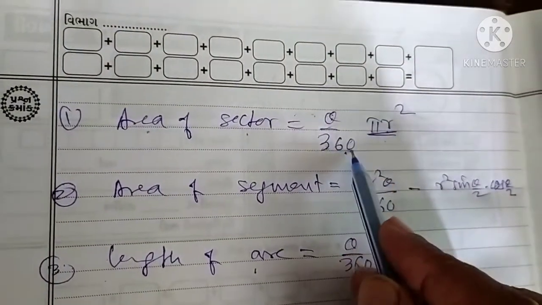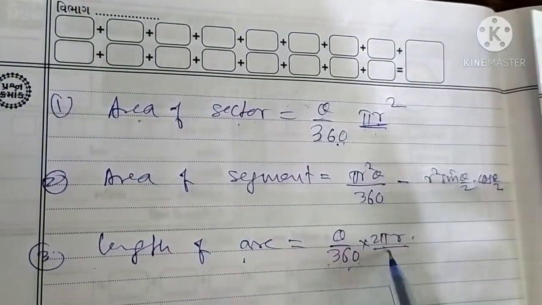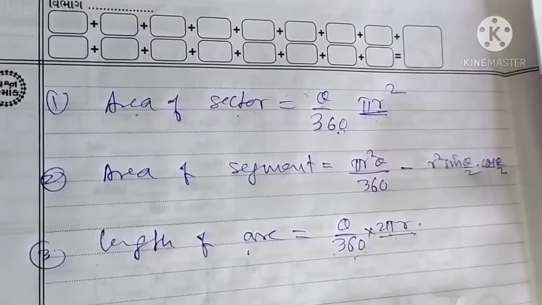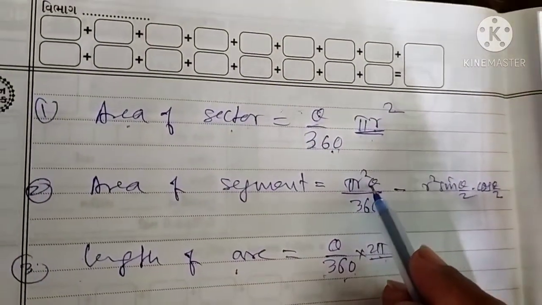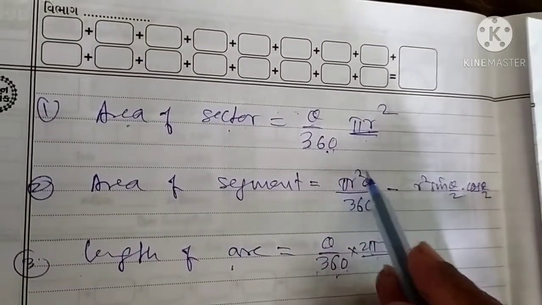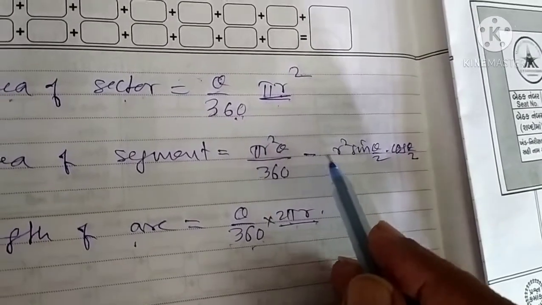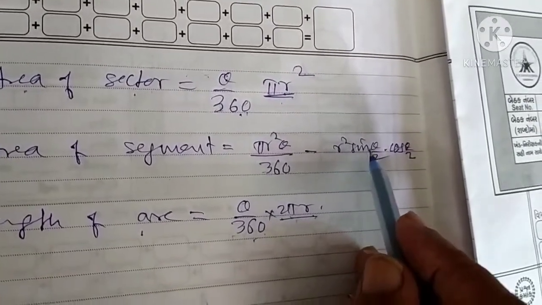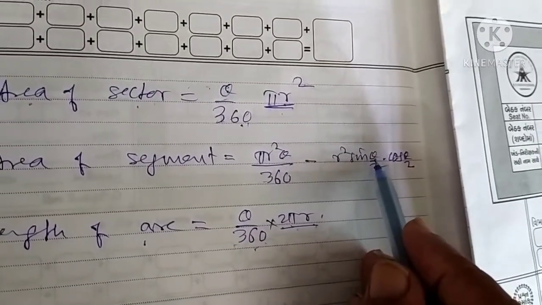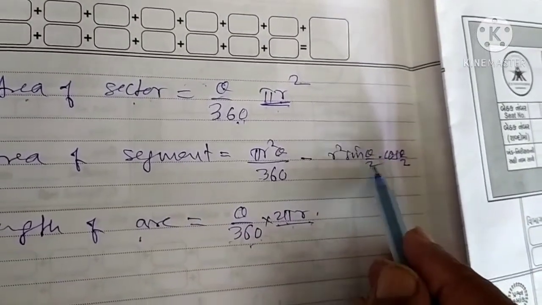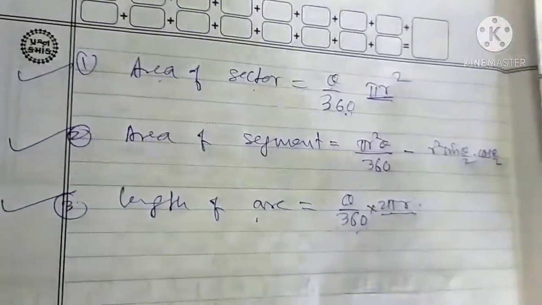So theta upon 360 multiplied by pi r square for sector, and theta upon 360 multiplied by 2 pi r for length. Okay, and area of segment is, if you know the angle, you can take pi r square theta upon 360 minus r square multiplied by sin theta by 2. If theta is 60, then sin 30, cos 30, means 60 upon 2, 60 upon 2. Clear? Please remember these three formulae, all of you.